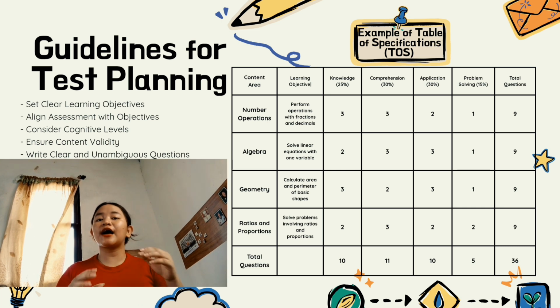We also have the cognitive levels: knowledge is 25%, comprehension and application have the same 30%, while problem solving is 15%. And the total question, dito sa total question, ilalagay natin yung mga participant, which is the total.